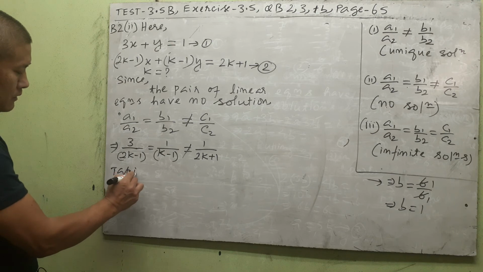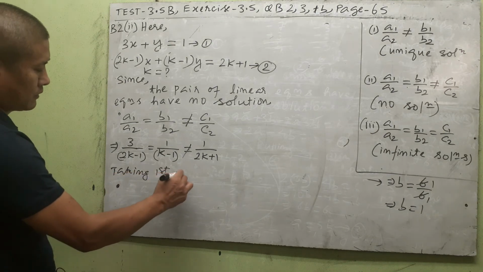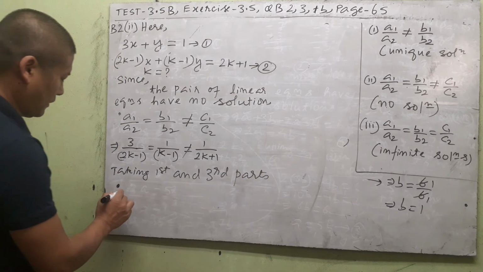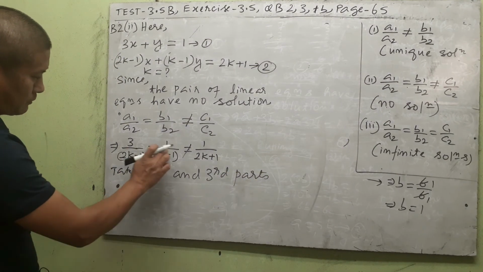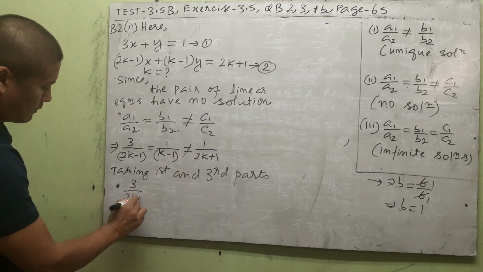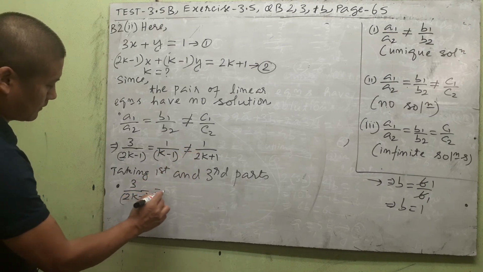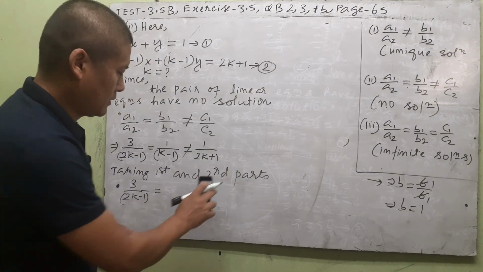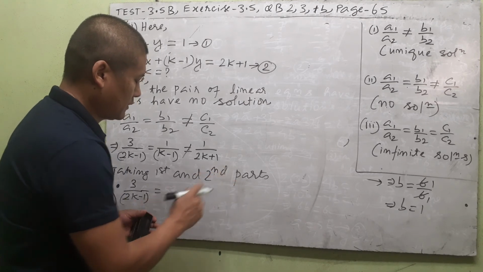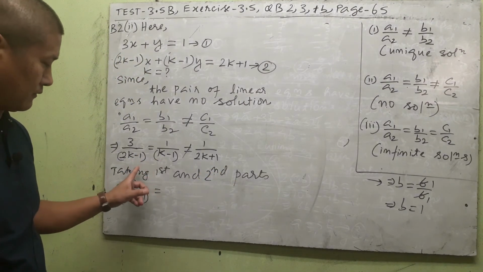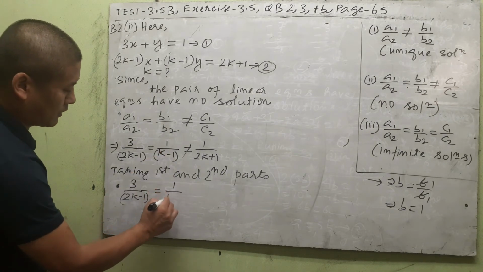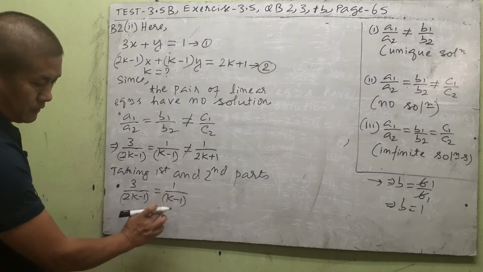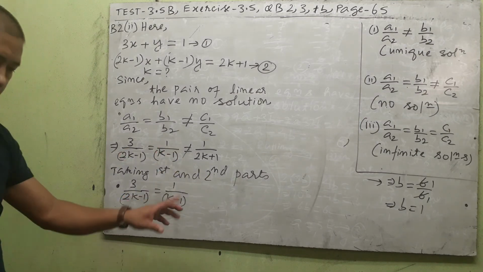So taking the first and second parts. 3 by 2k minus 1 is the first part, and 1 by k minus 1 is the second part. Because the first and second parts are equal, we can form an equation and find k. First part, this one. Second part, this one. Only those two, then you will get your k.